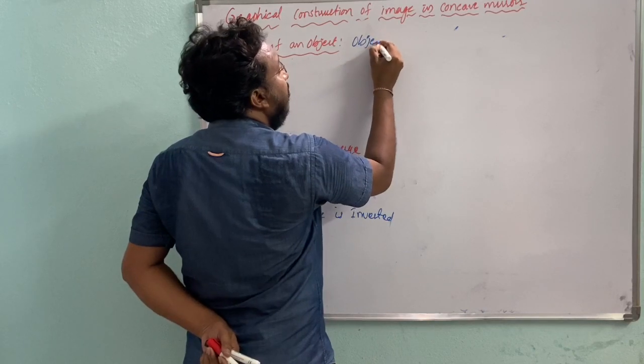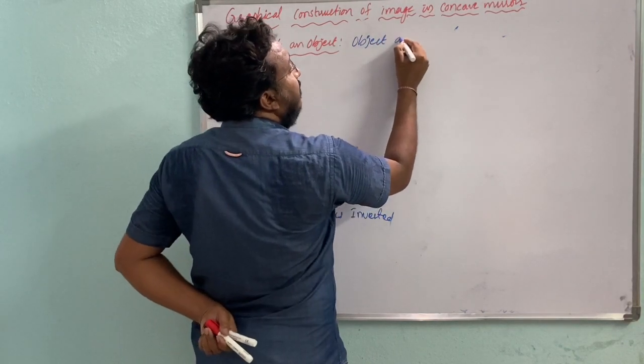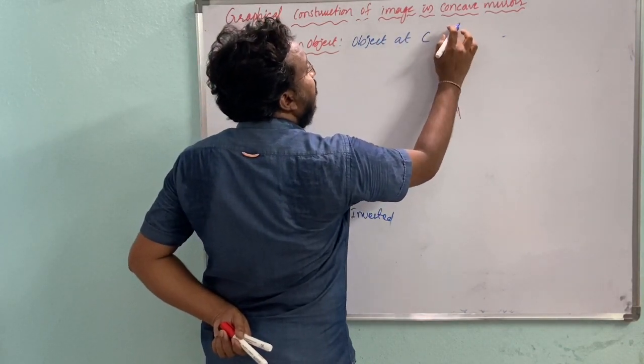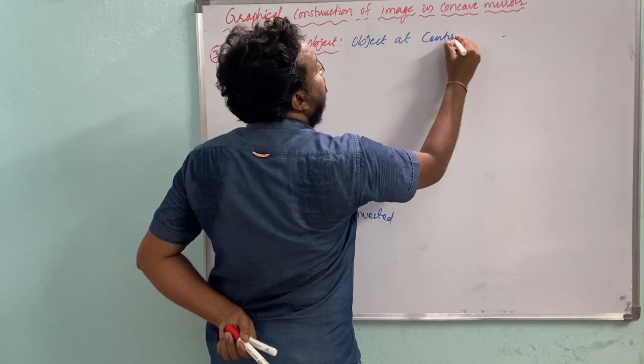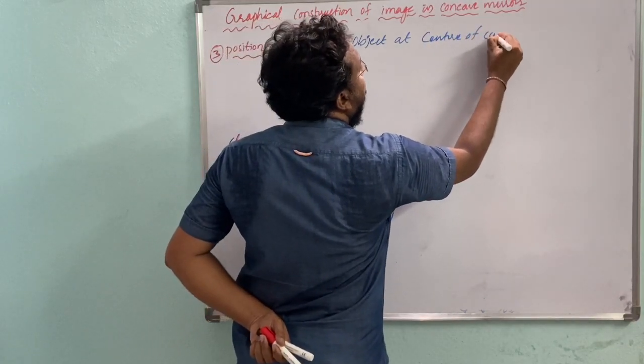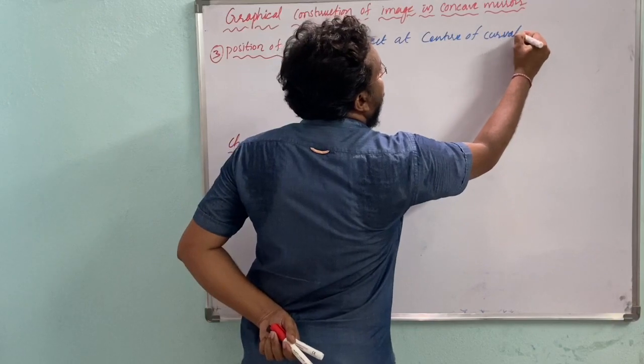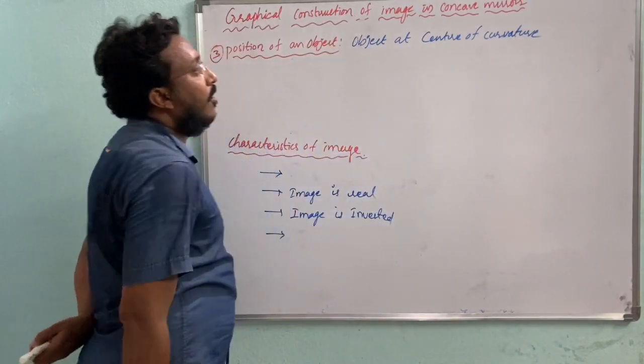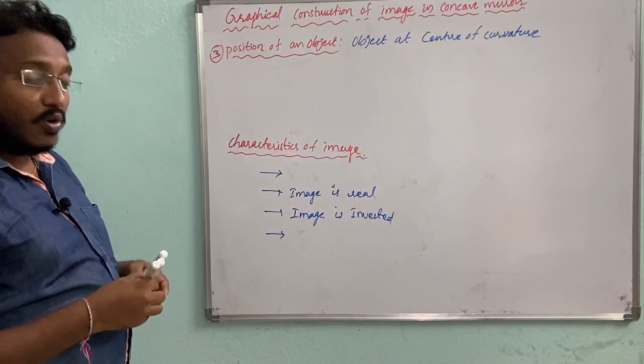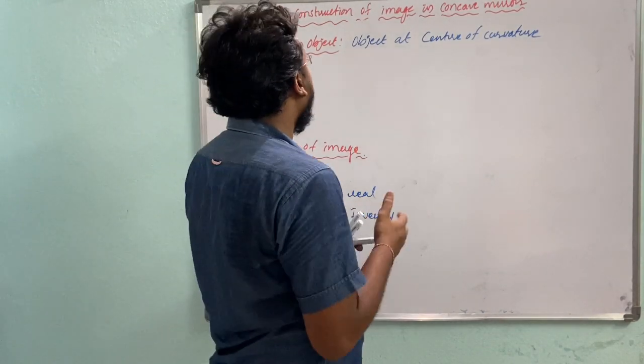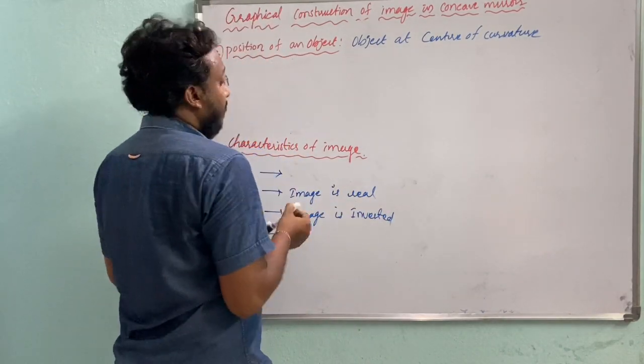Object at C. At C means at the center of curvature. Right? Object at the center of curvature, or on the center of curvature. Then image formation.